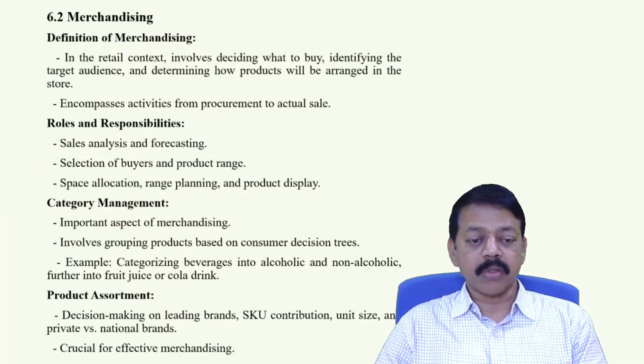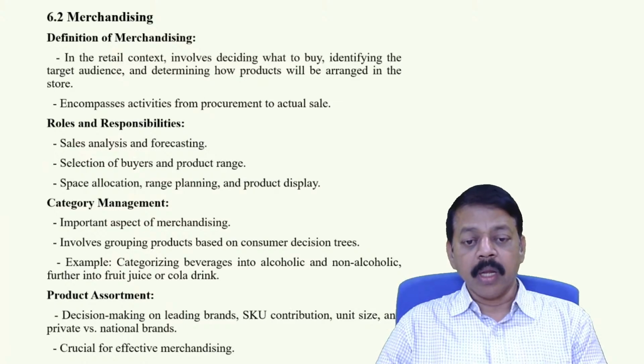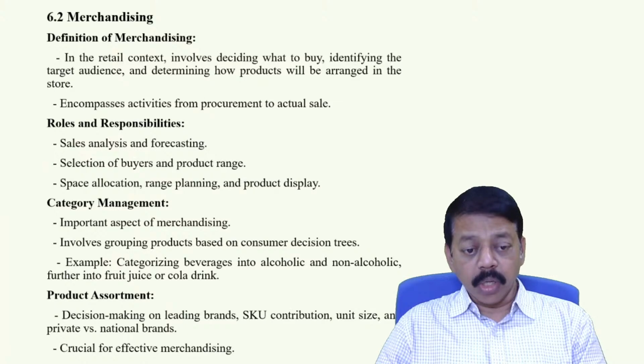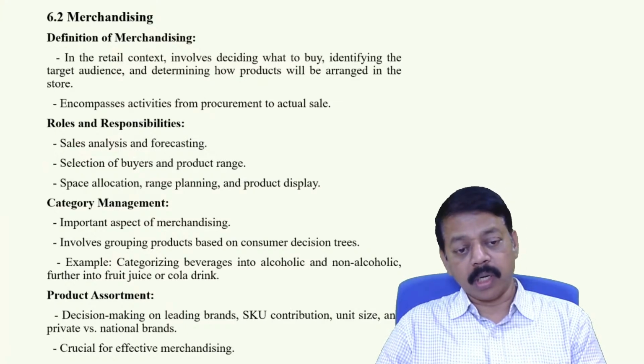You're not going to store your ordinary brands upfront, just to nullify the good thing that you might be able to create in a customer's mind. That nullifies everything that you've done so far. Your unit size is how many units you are going to have, and of course the private and national brands debate may go on for eternity.